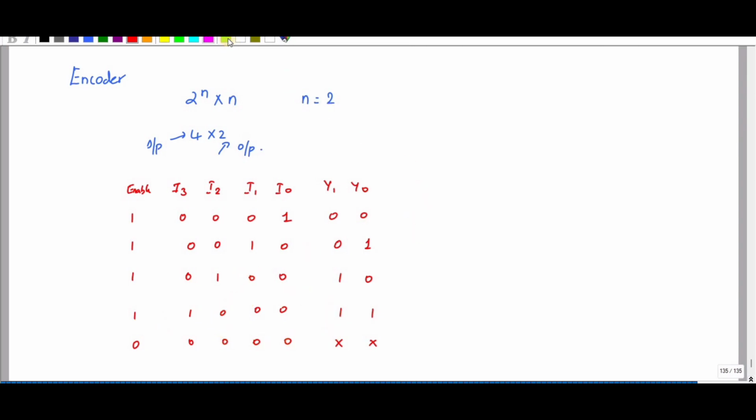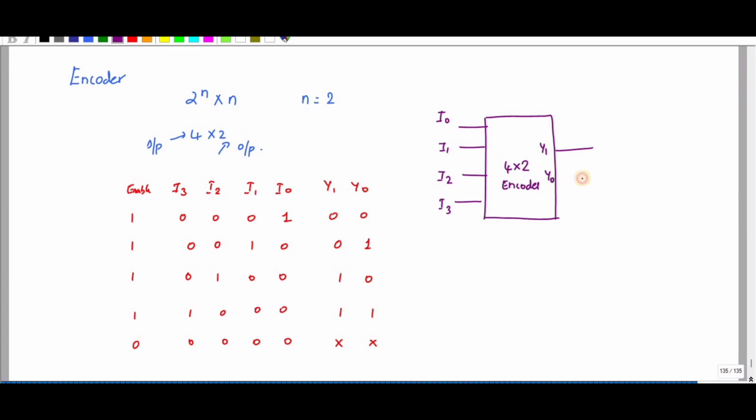So this is your block diagram of the 4 cross 2 encoder. You have four inputs and 2 outputs, y1 and y0, and 1 enable pin.